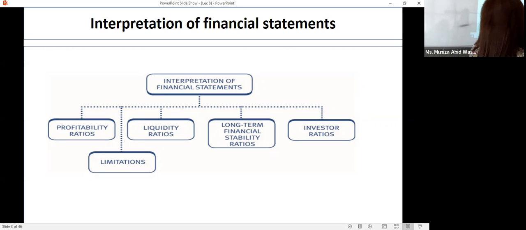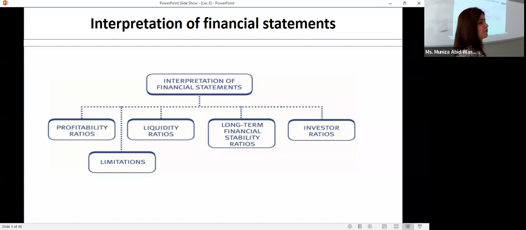So ratio analysis is going to give us the capacity to analyze the financial position of the company from four perspectives: profitability, liquidity, stability, and the investors. And under this portion, we are going to learn about the limitations of the financial statements as well.